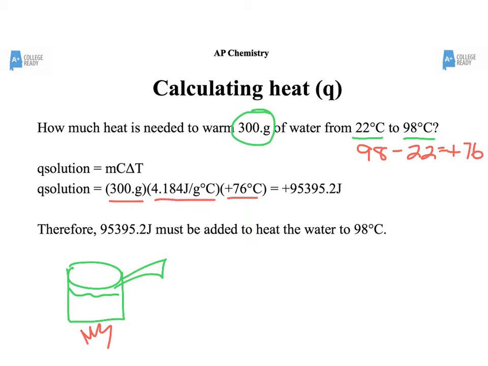Do the calculation and watch the units. They'll cancel out: grams on the top, grams on the bottom, degrees Celsius on the bottom, degrees Celsius on the top, and you are left with joules, which is a unit of energy. And that's what the positive is for: we have to put in 95,395.2 joules of heat in order to get that water to go up in temperature to 98 degrees Celsius.